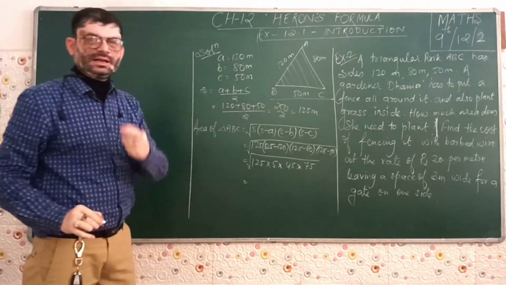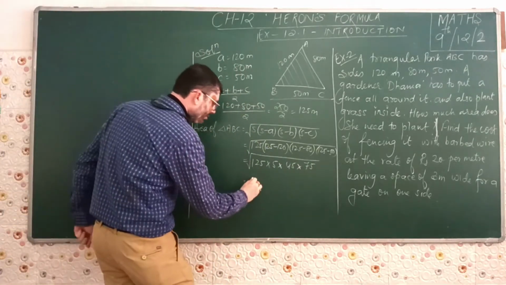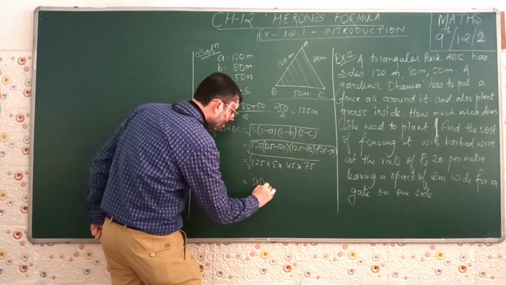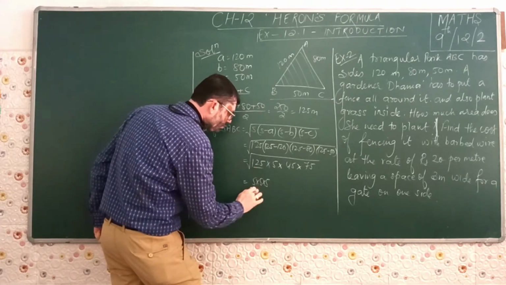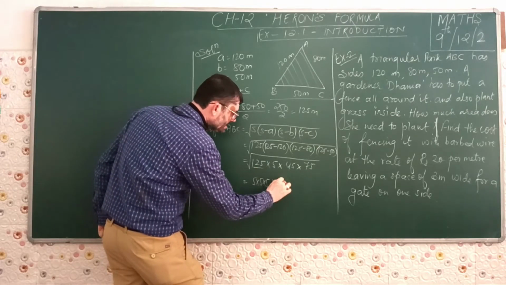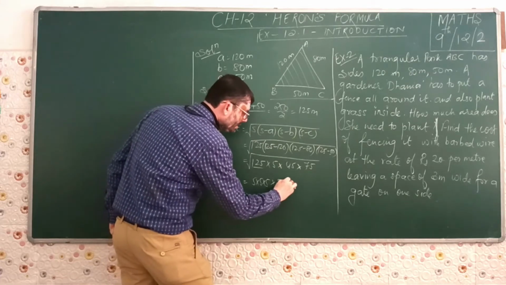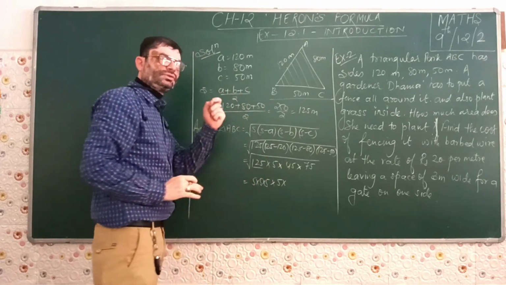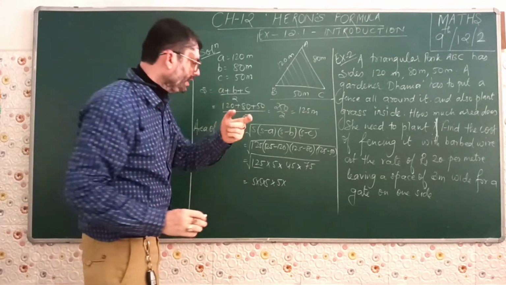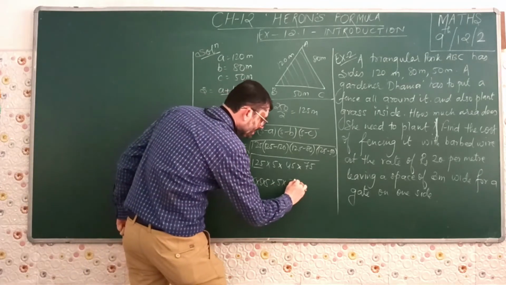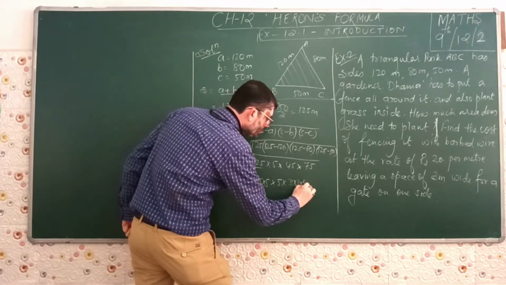Converting them into their corresponding factors, 125 can be written as 5 into 5 into 5, and the next is 5, in the simplest form, into 45, which can be written as 3 into 3 into 5.